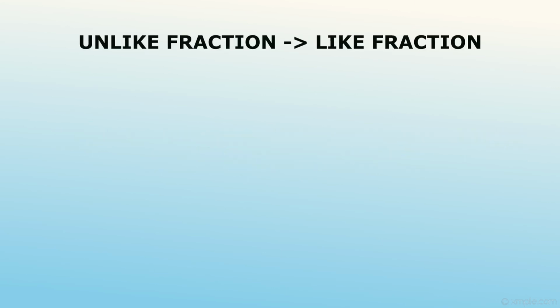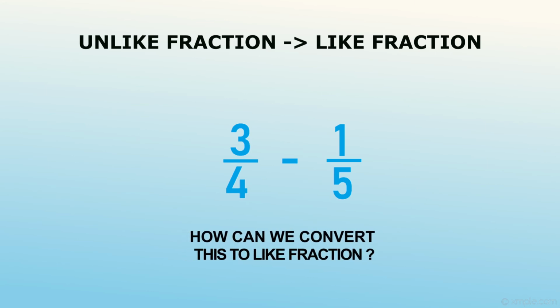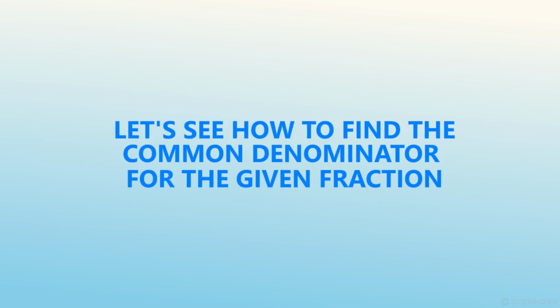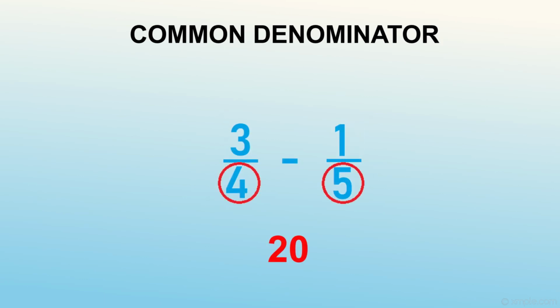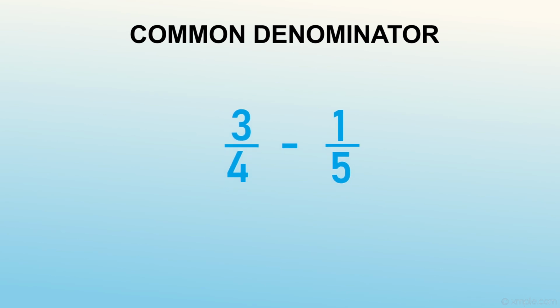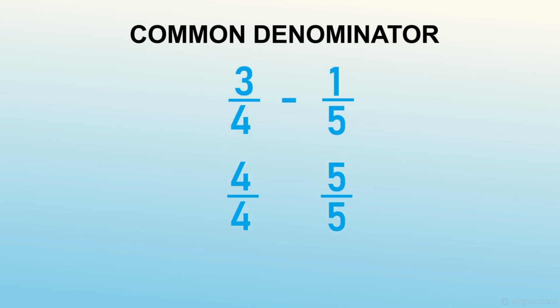If we have two unlike fractions like 3 over 4 minus 1 over 5, how can we convert these fractions into like fractions? Let's see how to find the common denominator for the given fractions. In this method, the common denominator is nothing but the product of the two bottom numbers.